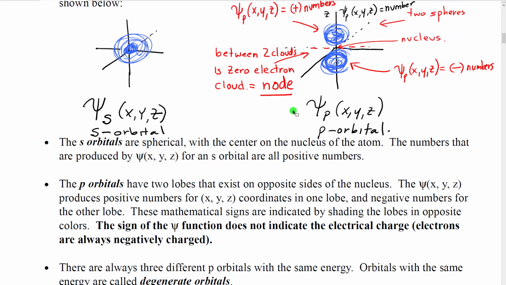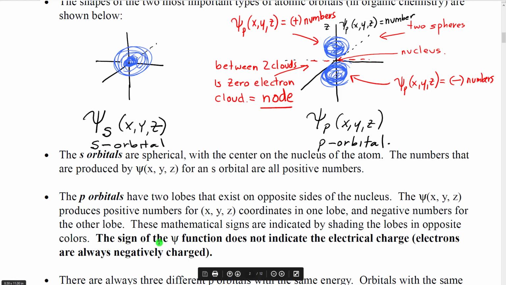Finally, it's very important to point out, we can see it right here, that the number that we get out for these psi functions is not an electrical charge. And this is unfortunate. We have these electrical charges and we say the charge can be a positive charge or a negative charge. But these positive and negative numbers do not represent charge.